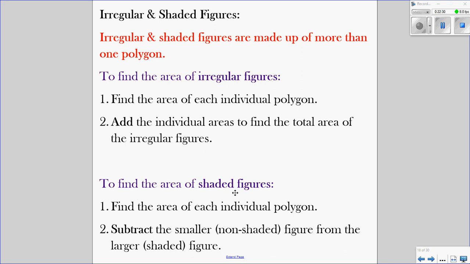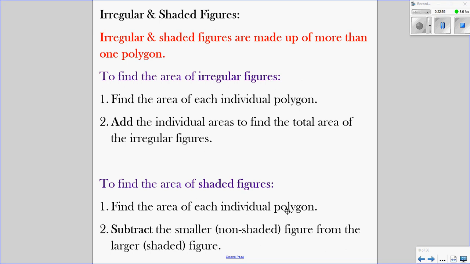To find the area of shaded figures, find the area of each individual polygon, and then subtract the smaller, non-shaded figure from the larger figure. So we're going to do examples based on shaded figures. It's almost like if you had two shapes and you want to pull one shape out of the bigger shape, what would be left behind?